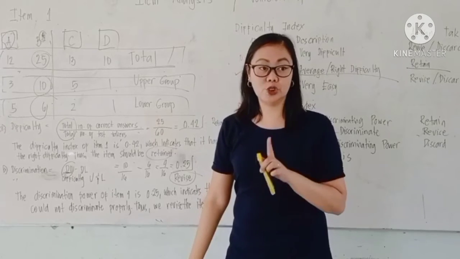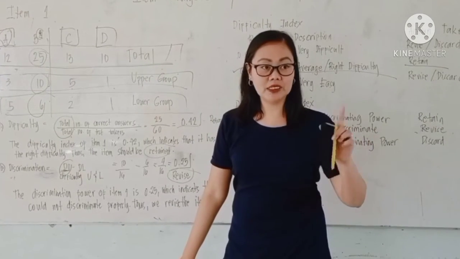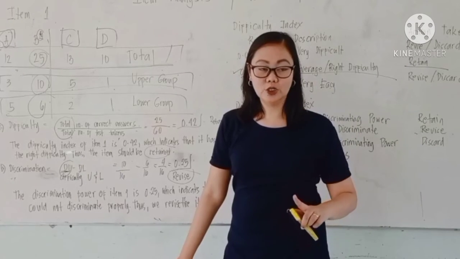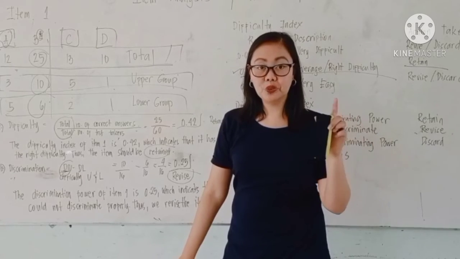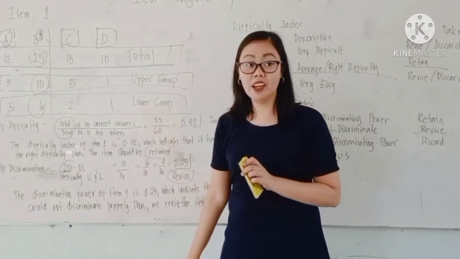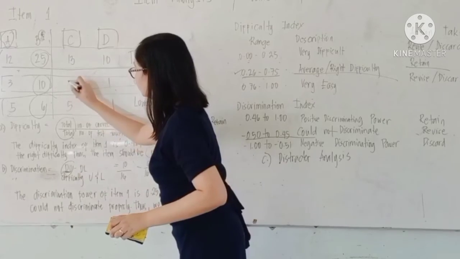This distractor should be revised. Bakit? Kasi sabi natin, ang distractor dapat mas attractive sa hindi nag-aral kesa sa nag-aral. So meaning, mas attractive dapat kay lower group yung distractor C. Pero dito, mas naging attractive siya kay upper group. Okay?